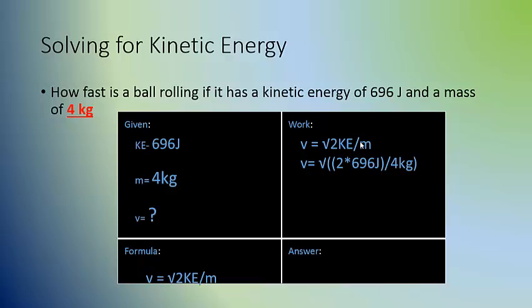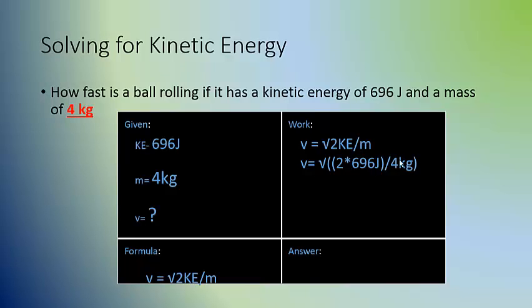And the substitution is really the hardest part now because it gets a little tricky with the order of operations. So velocity equals the square root. As you can see, I did a double parentheses to help us out. So the square root of 2 times our KE, which is 696 joules, divided by 4 kg.